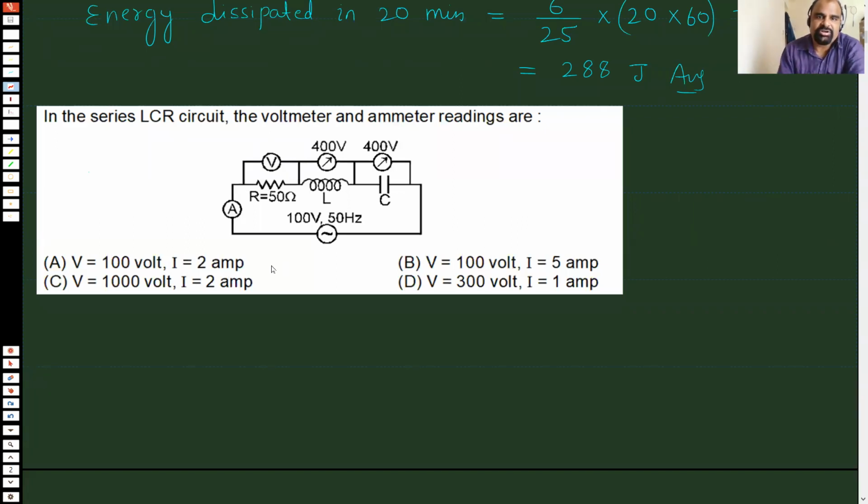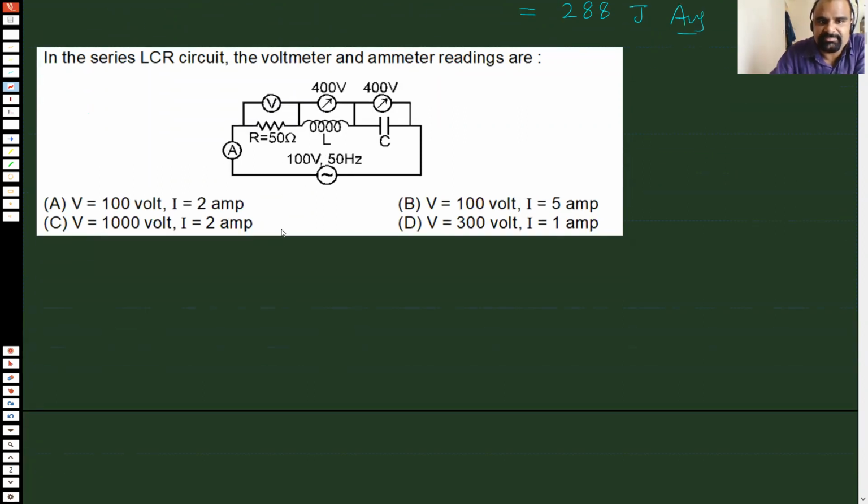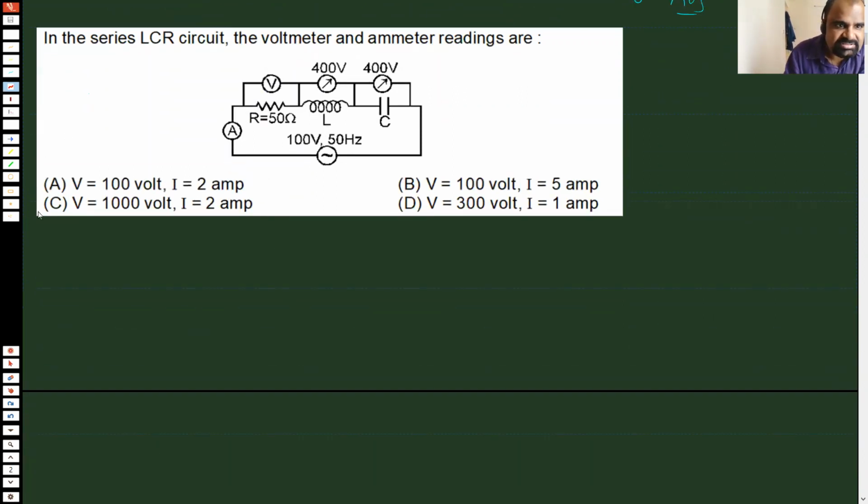So let me show it to you. The data is given in such a beautiful way that this LCR circuit is in resonance. Let me draw this circuit right over here. I will not draw these voltmeters because they make it look like a complicated circuit.